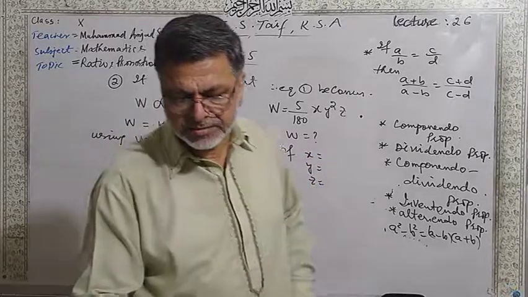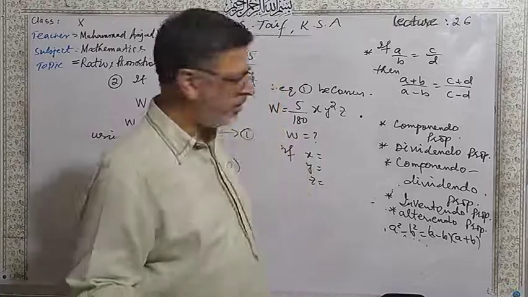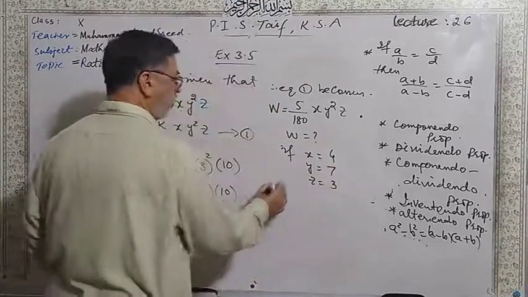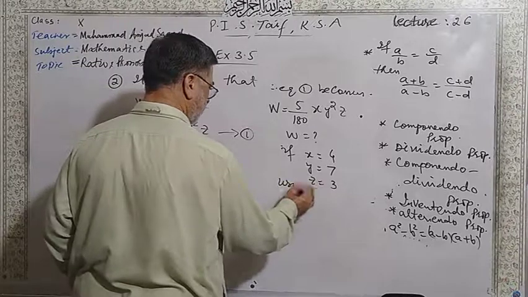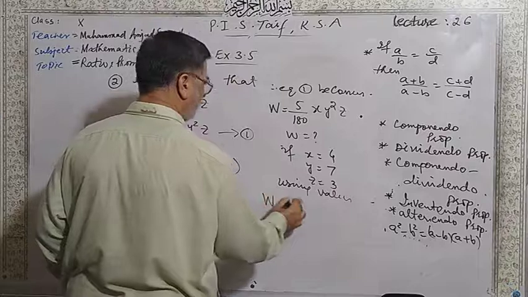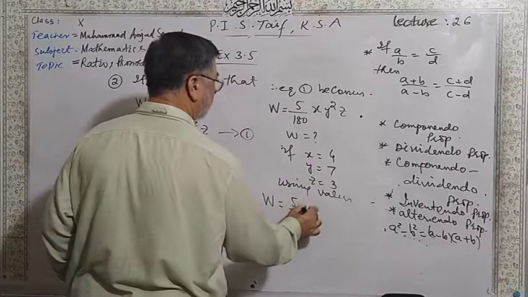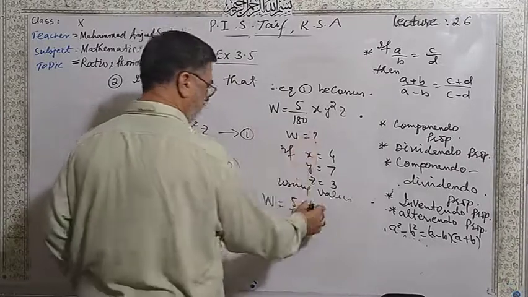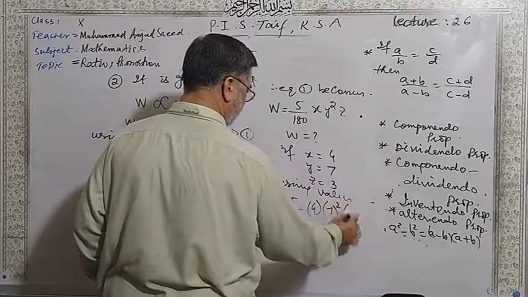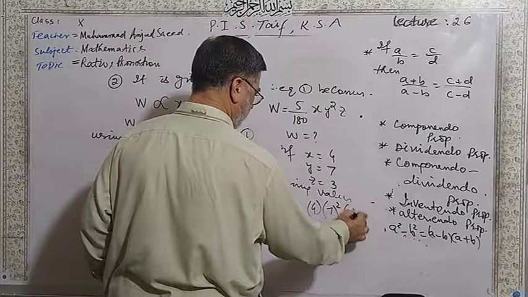What are x, y, z? 4, 7 and 3. Using these values, W is equal to 5 over 180 into x is 4, y is 7 square, z is 3.